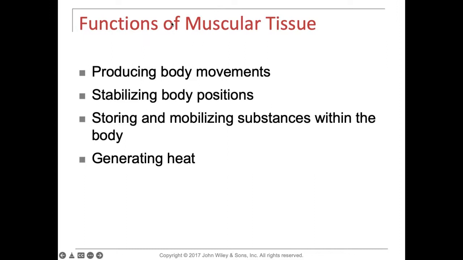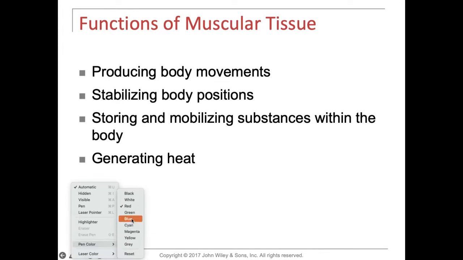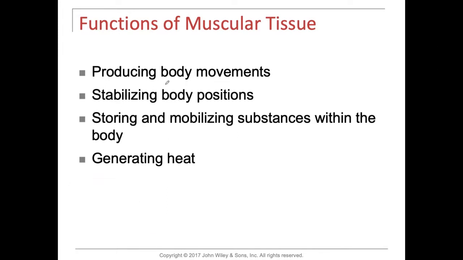So, what are some of the functions of muscle tissue? Let's put on blue here. One of them is producing body movements. When muscles contract, they create tension, and tension from the muscle is transmitted to the tendons, and tendons attach to bones.